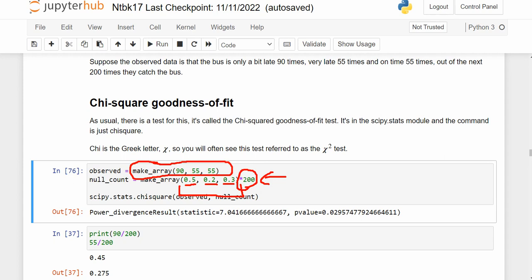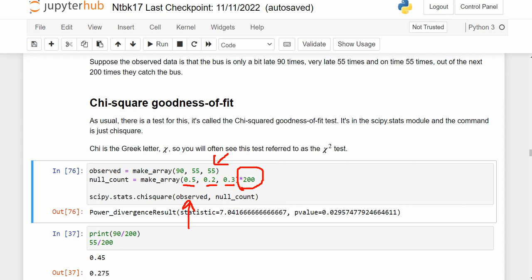Okay? And then what are we putting into this function? We are putting the observed data in as an array, right? That's the observed data right there. And then in the same order, notice, we're putting the probabilities times the sample size. Why? Well, we don't want the probabilities.